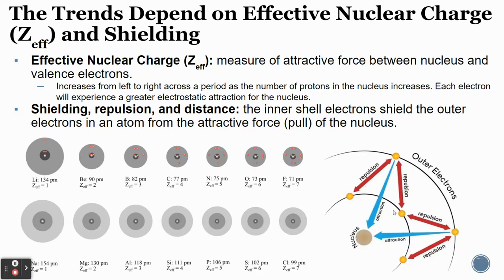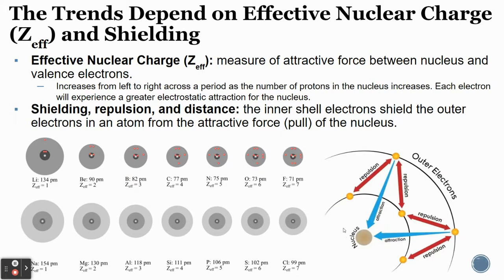Now, as you have more electron shells, you'll notice that the outer electrons are being pushed away by the inner electrons. And that's called shielding. It's like you're preventing the nucleus from really getting the full force of its pull on the outer electrons because that repulsion is further pushing them away. So essentially, the more shells you have between the nucleus and the outer electrons, the more shielding that's happening.